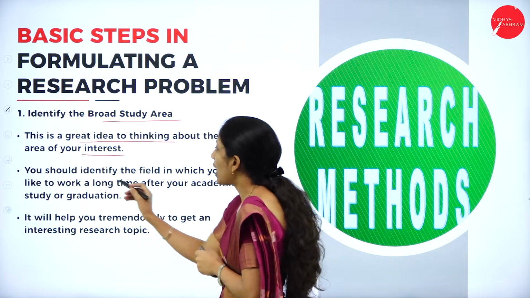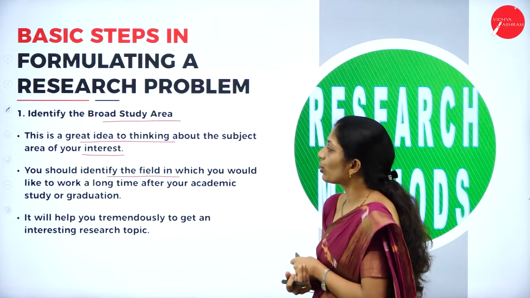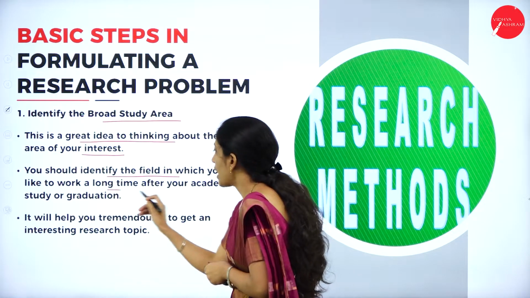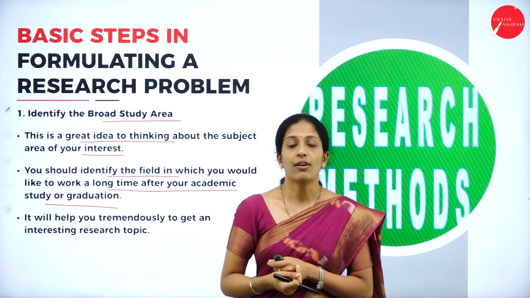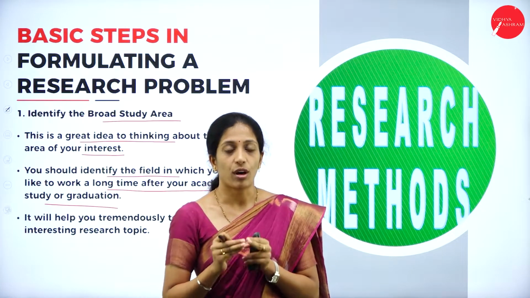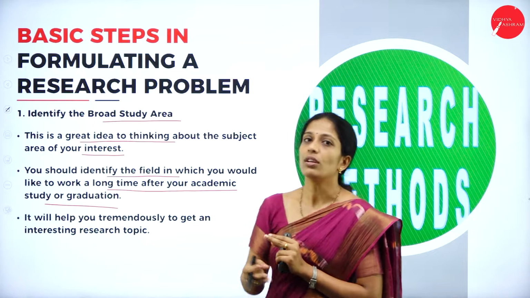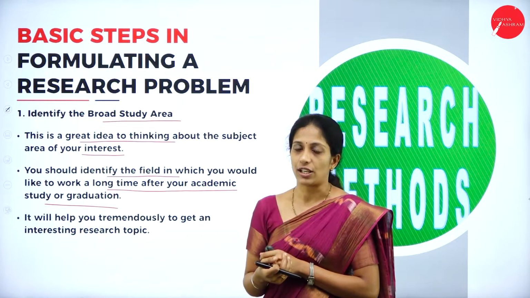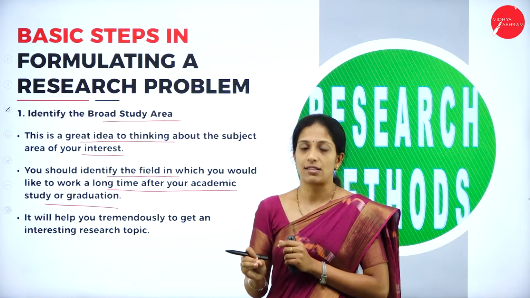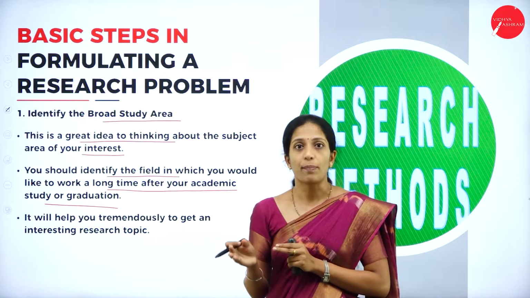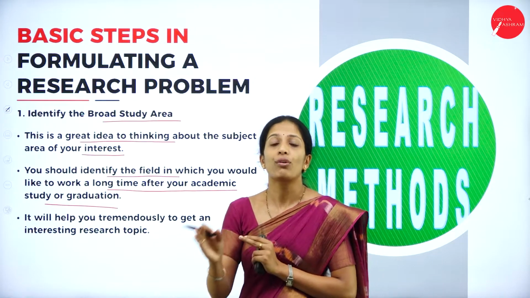You should identify the field in which you would like to work a long time after your academic study or graduation. Now, how to form a problem, or what is the procedure to identify the problem formulation? So, I have to select those topics where I am more interested, rather than going for a topic which I don't know anything about.